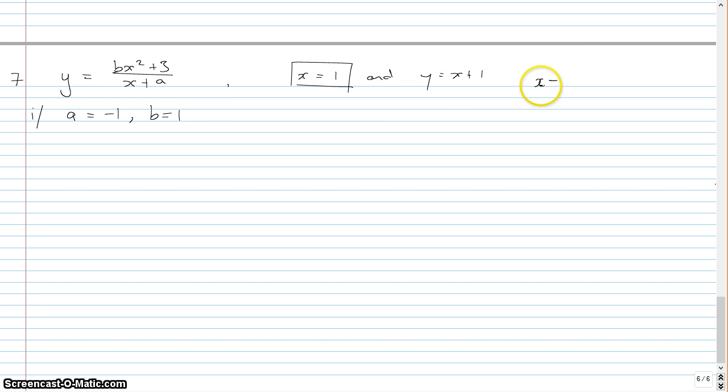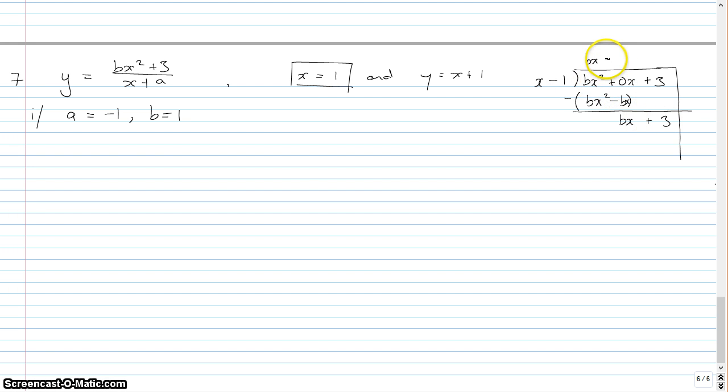We're looking at x minus 1 divides bx squared plus 0x plus 3. So the first term I multiply is bx to get bx squared minus bx, and that will give me, minus minus is plus, so this will give me bx plus 3.